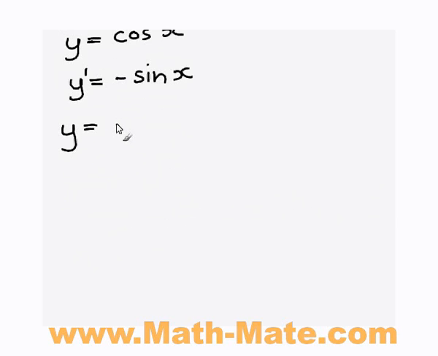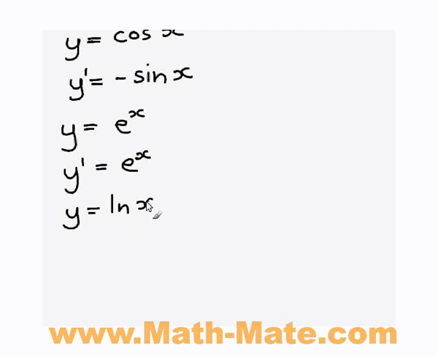There's a couple more rules you need to know. If we have a function y equals e to the power x, e is a special constant which comes in useful with natural logarithms and a lot of other stuff, then the derivative of it is exactly the same thing. The derivative is e to the x.